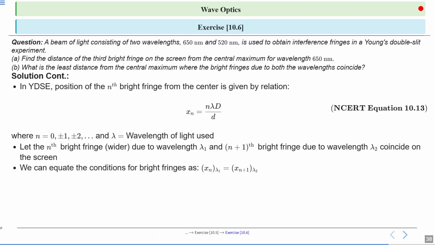To find the overlap, we equate the conditions for bright fringes: xn for lambda 1 and xn plus 1 for lambda 2. This means the position of the nth bright fringe for lambda 1 is the same as the position of the n plus 1th fringe for lambda 2. So using the equation, n lambda 1 capital D upon small d is equal to n plus 1 lambda 2 capital D upon small d.